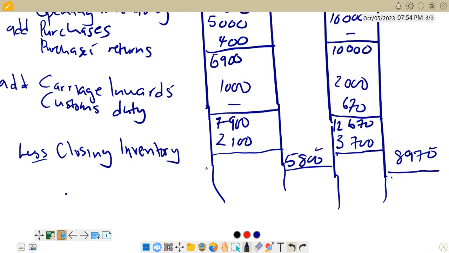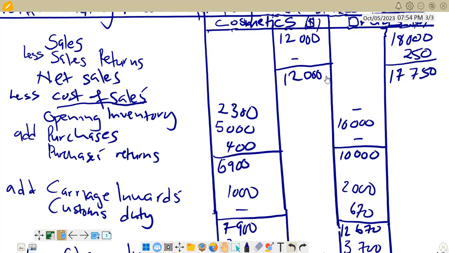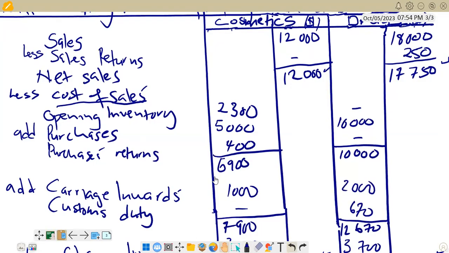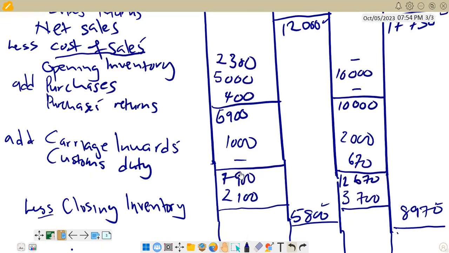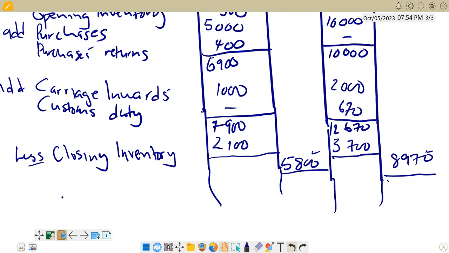We check the figures for sales on top. The net sales figure is 12,000 for cosmetics, and here we have got 17,750. So for cosmetics, we say 12,000 minus 5,800, and we get 6,200.